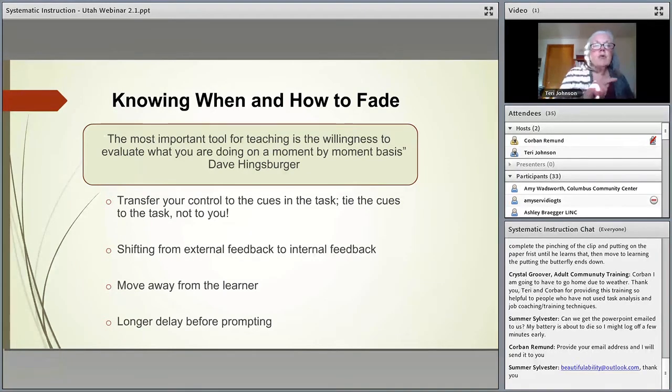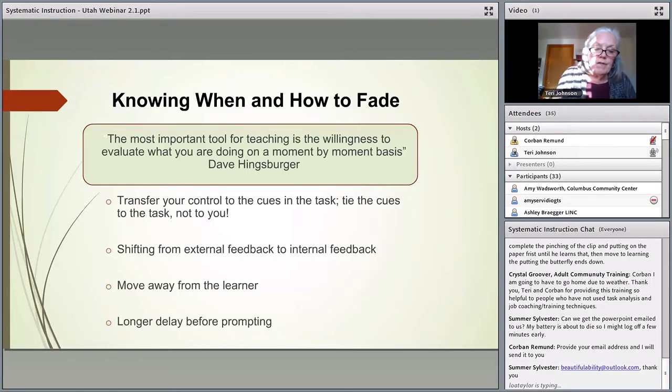That's why moving toward supported employment, individual jobs, lends itself to being able to focus on a specific individual's learning style and their challenges in learning a task so that we can respond on that moment by moment basis in their learning. I've worked in settings where there have been larger numbers of people. I've worked in those settings having this knowledge, and it's really frustrating because you really aren't able to give an individual the focus they might need if it's a task that they truly don't know how to do.